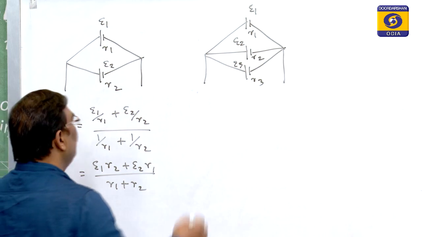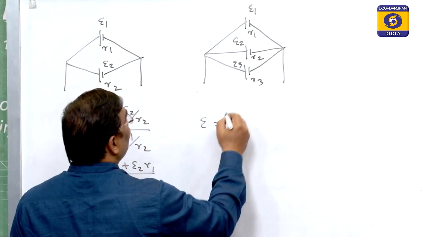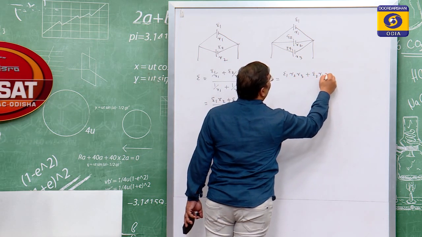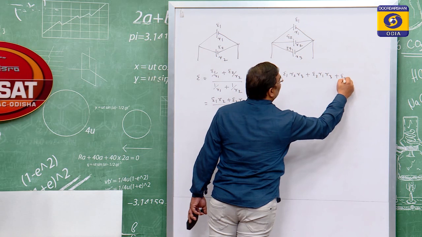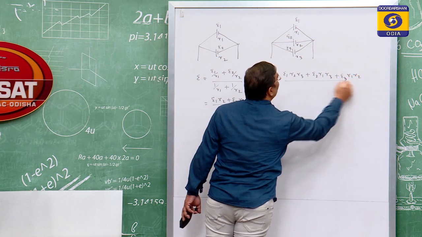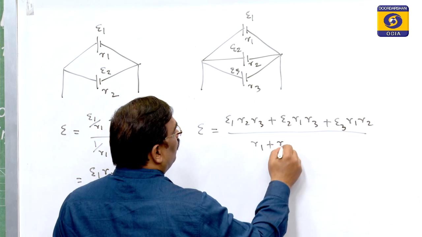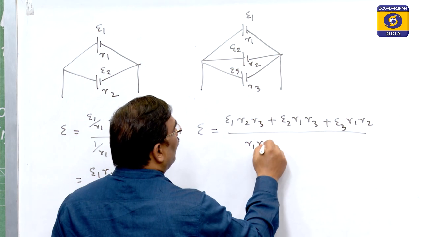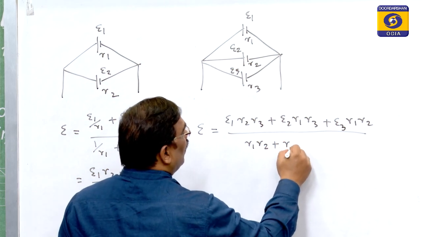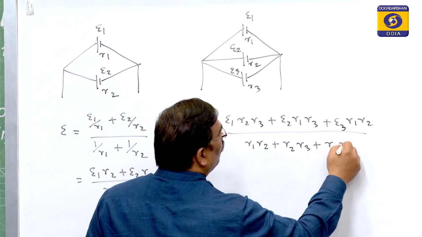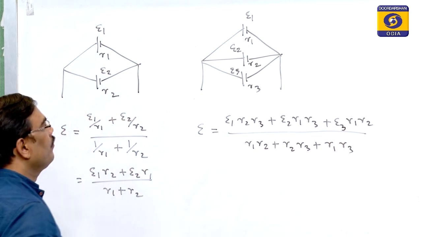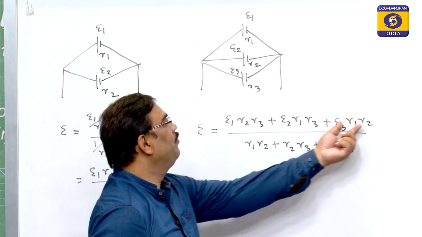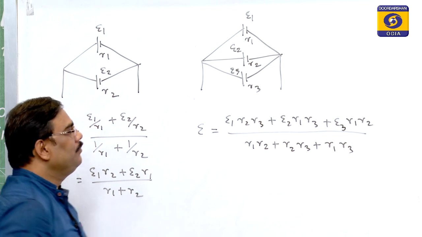And similarly, in this case what we get is E1 R2 R3 plus E2 R1 R3 plus E3 R1 R2 divided by R1 R2 plus R2 R3 plus R1 R3.